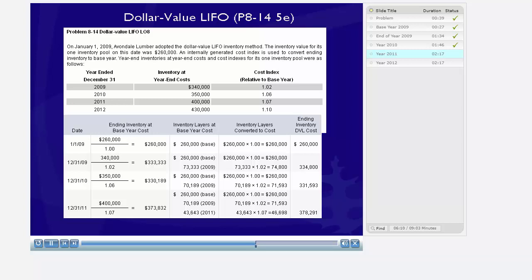And then finally we take that new layer and add it in, the $43,643 times the latest cost index of 1.07, and that comes up to $46,693. Then we add those three numbers together, the $260,000, the $71,593, and the $46,698, and we come up with $378,291 as our ending inventory dollar value LIFO cost.